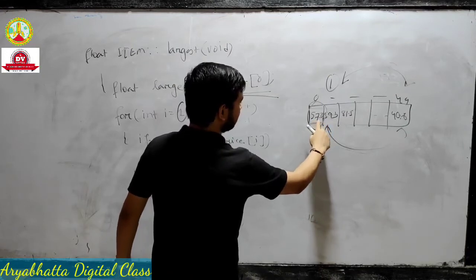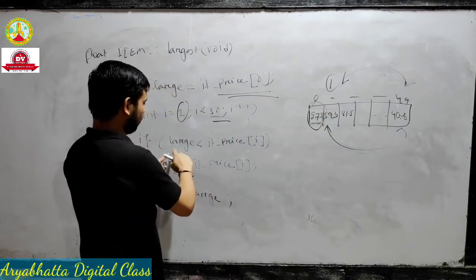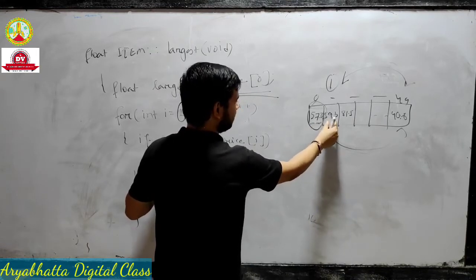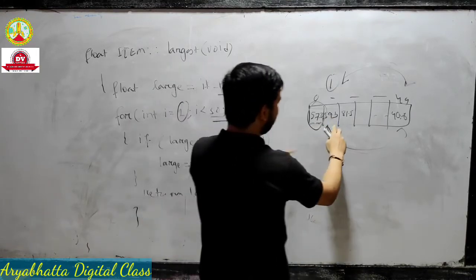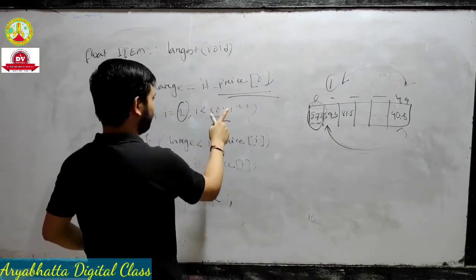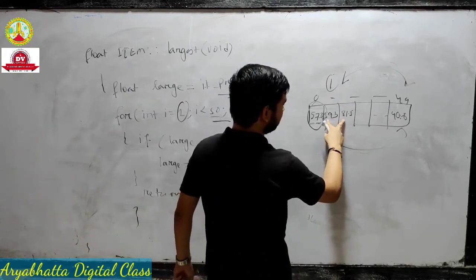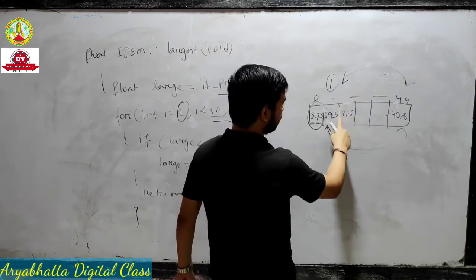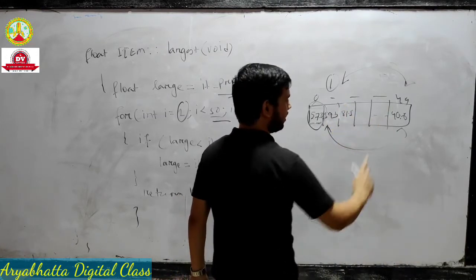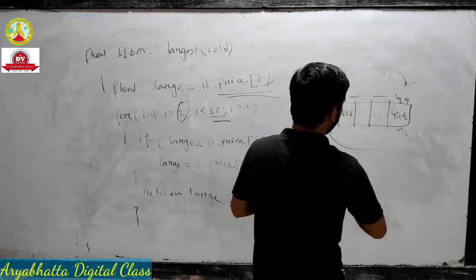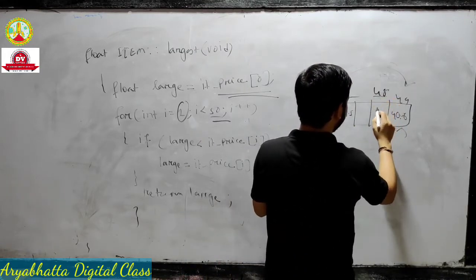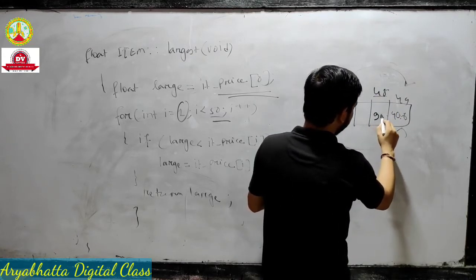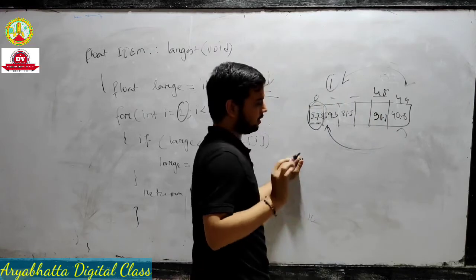Then if this is 57.0 and 59.3, this condition will be satisfied. This value is less than this. Then large will be this. Then again we see, this is the for loop, okay. Again, this large will be less than this, so now large will be this. And now you have to go on and see, and after all, suppose the 48th price is 90.1 like that, okay.